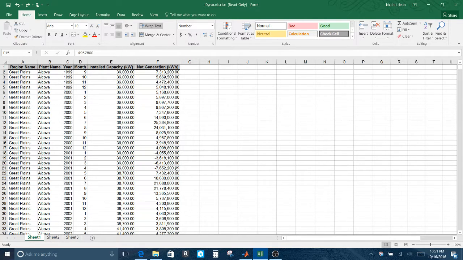And as you can notice right here, we have a few net generations that are negative. That basically means that theoretically speaking, the plant needed more power to operate than the plant was able to produce.